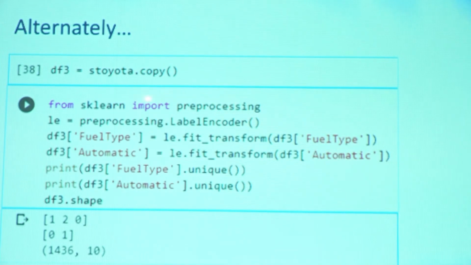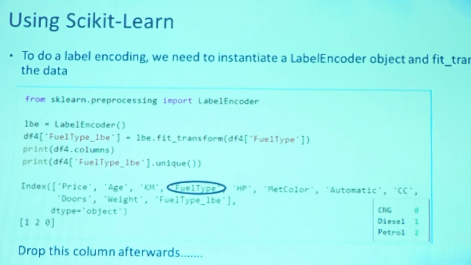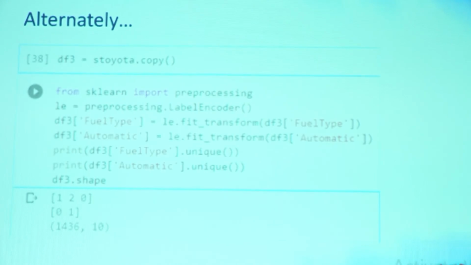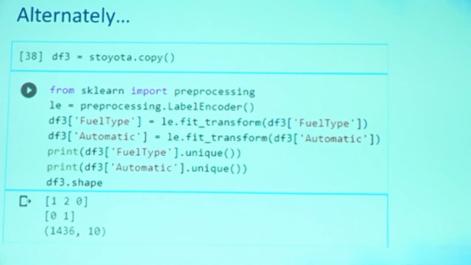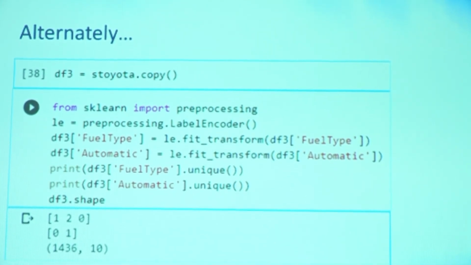Earlier I was using sklearn dot pre-processing and directly calling label encoder from there, but here I am using pre-processing dot label encoder. Both are one and the same. You can go for any approach using sklearn. Anything is fine.